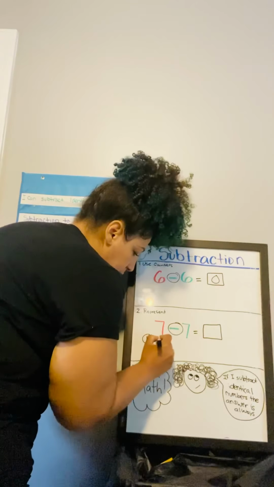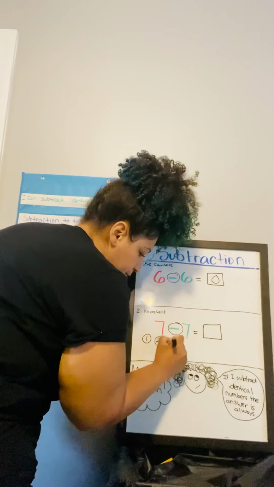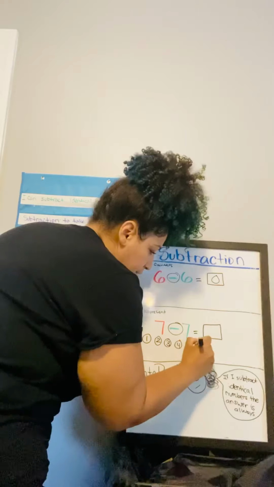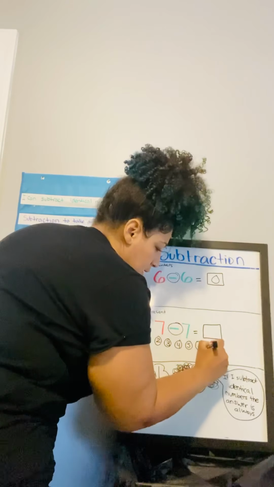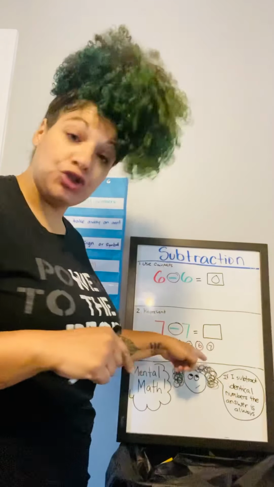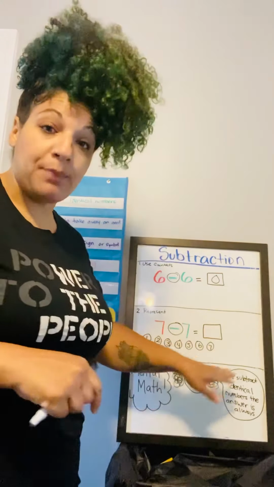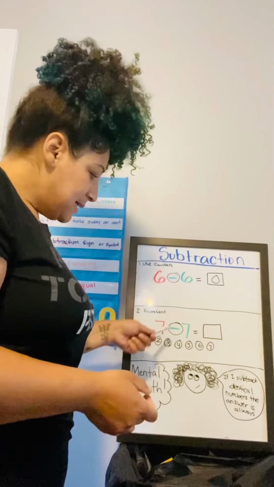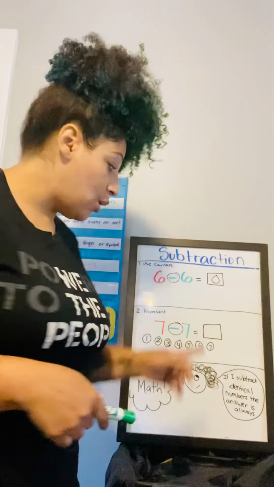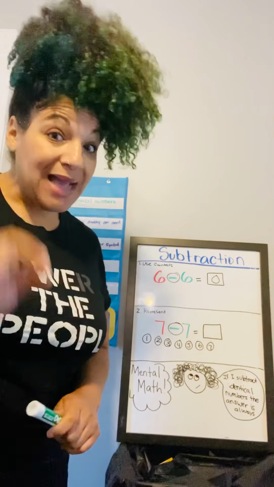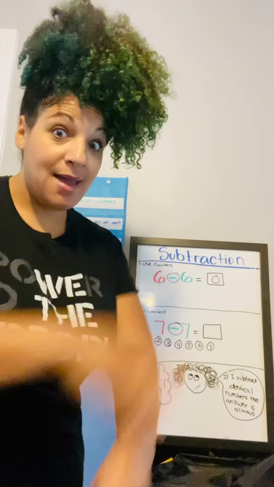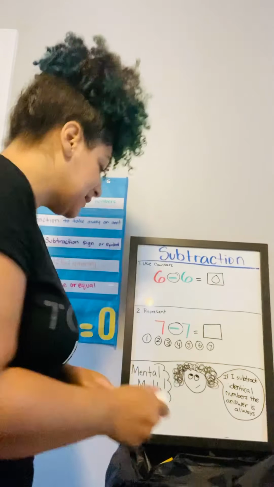Count with me. 1, 2, 3, 4, 5, 6, 7. And I've put my numbers on the inside as my double check. So I know for sure that I have 7 circles represented here. Now I see that Linus the minus is telling me to take 7 away. When I take a number away and I'm representing it, I represent it with an X. I'm going to X it out.